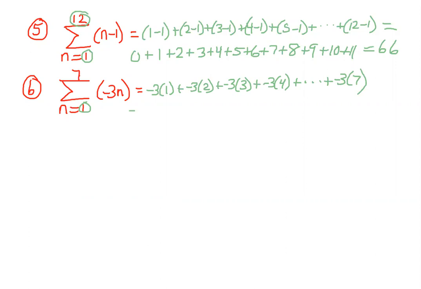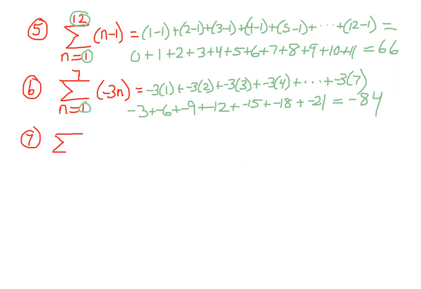Which equals negative 3 plus negative 6 plus negative 9 plus negative 12 plus negative 15 plus negative 18 plus negative 21, and that equals negative 84. You don't have to write it all out, but it helps you keep track.